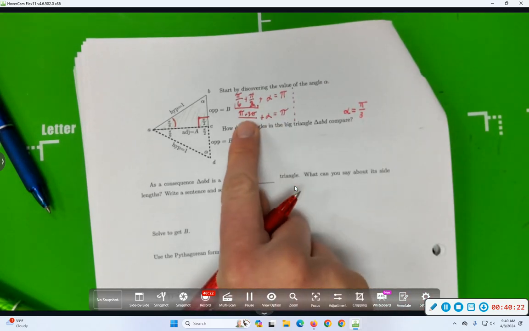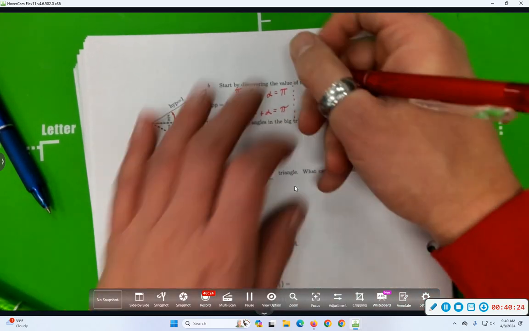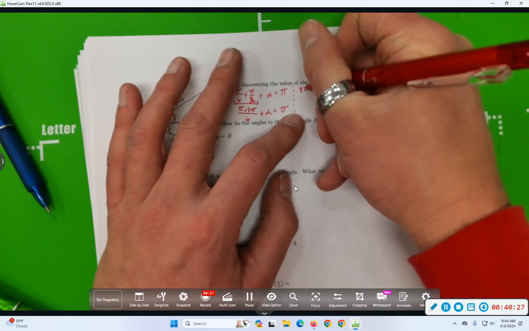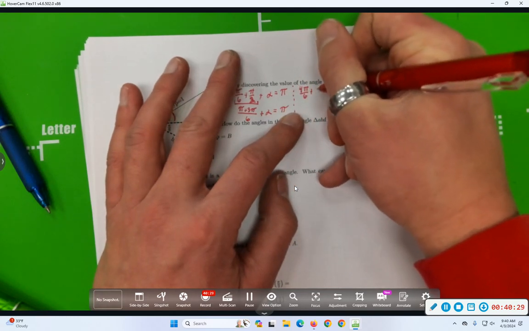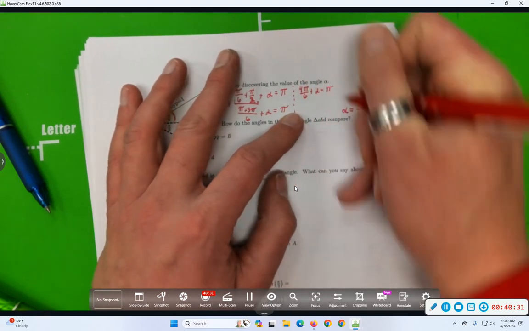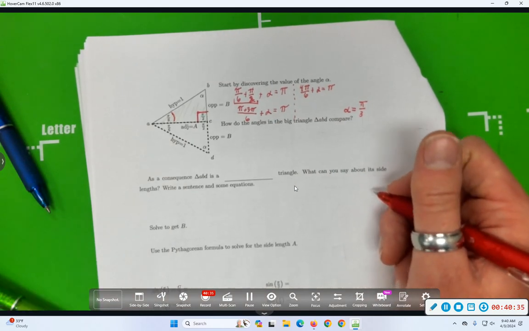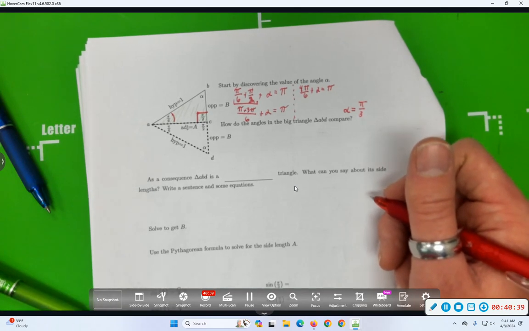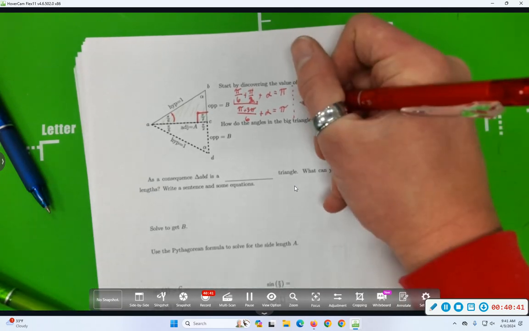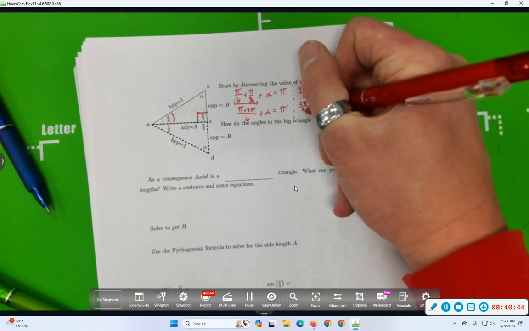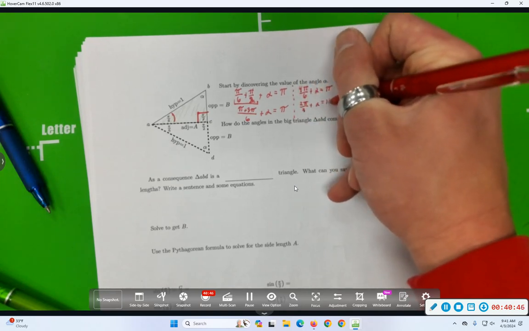So that's 4 pi over 6. And what is 4 pi over 6? Anything simplify there? 2 pi over 3. Yeah, 4 is even, 6 is even, so you can cancel a factor of 2. 2 pi over 3 plus alpha equals pi.